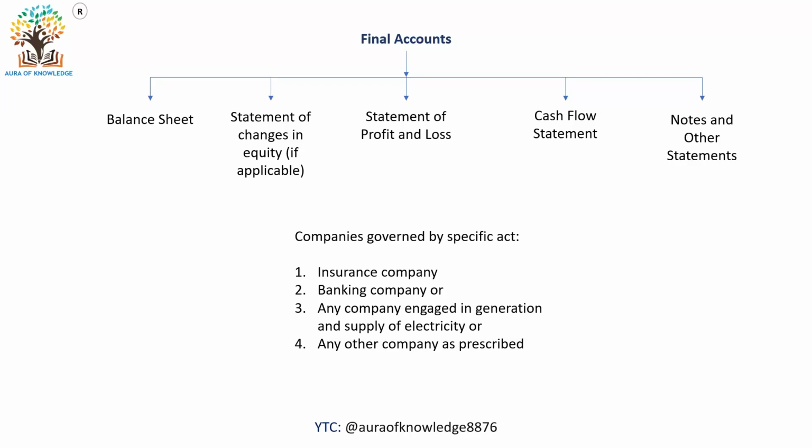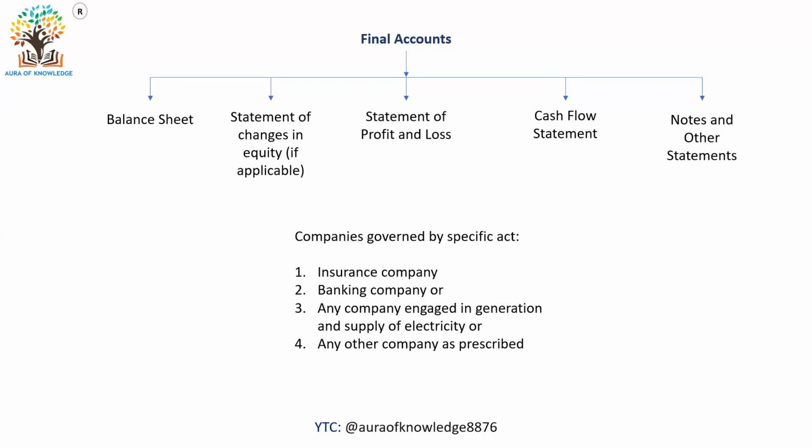As per Schedule 3, there are various statements to be prepared for completing the financials of the company: balance sheet, statement of changes in equity wherever applicable, statement of profit and loss, cash flow statements, notes and other statements. We will study the format in detail.